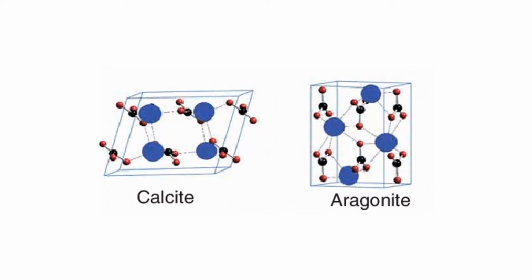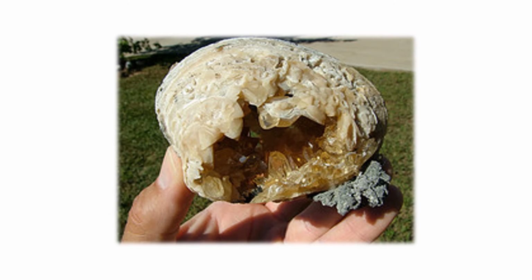In many fossils, aragonite undergoes recrystallization during diagenesis. Its atoms become rearranged, and it becomes calcite. For this reason, many fossils of seashells consist of calcite, even though the organism's original shells consisted of aragonite.